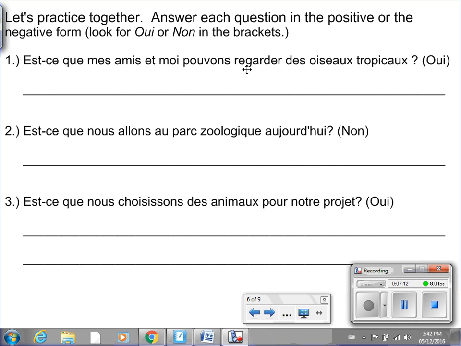Like here I've got 2 verbs, but I do need to reconjugate pouvant from pouvoir. To give you guys a guide, at the end, I'm giving you oui or non, meaning that you're putting them in the positive or the negative according to how I've directed you. So put the video on pause, and I want you to do as many of these 3 questions as you can. When you're ready, you can resume playing.